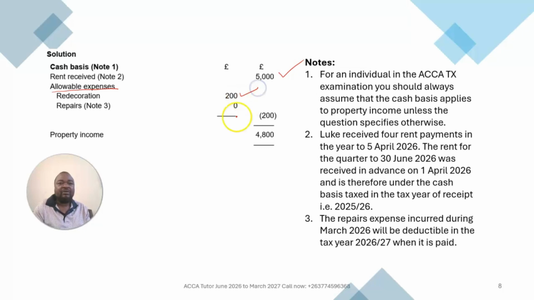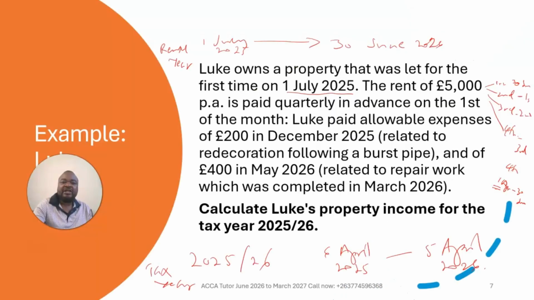So this one is allowable. What about the repairs relating to note 3? I think it relates to this £400, which was paid. Remember, Luke paid allowable expenses of £200 in December 2025 related to redecoration following a burst pipe, and £400 in May.